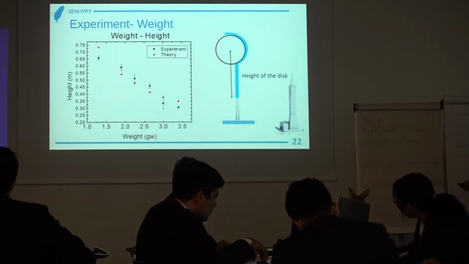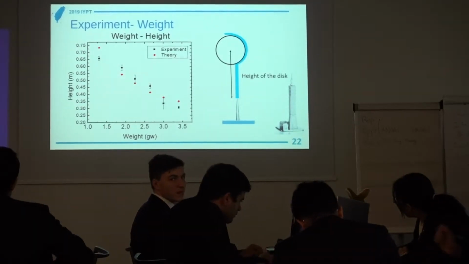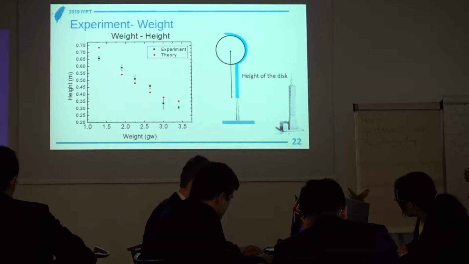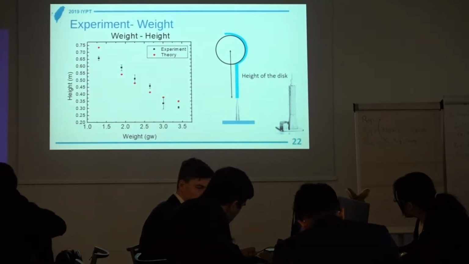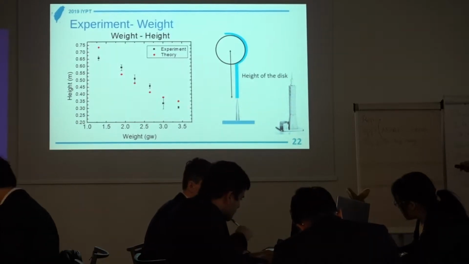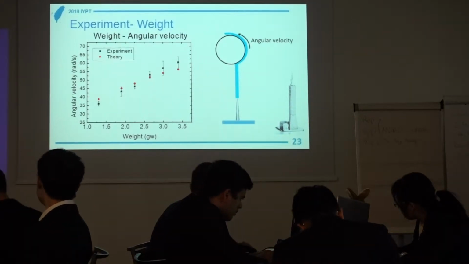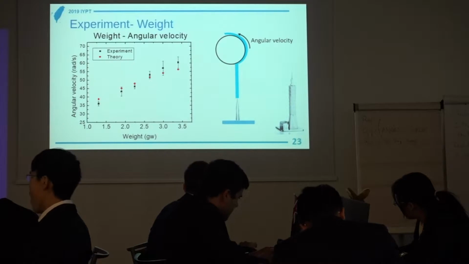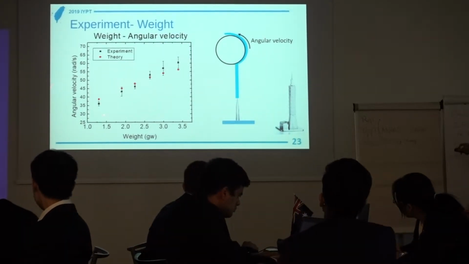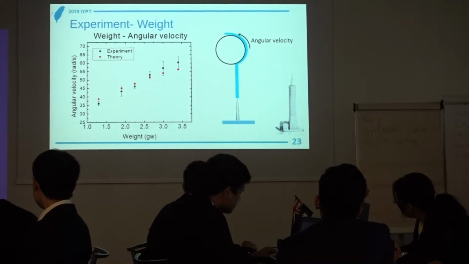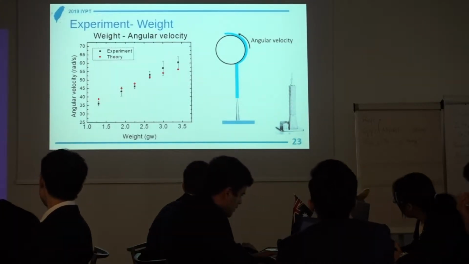And you can see that when the weight of the light object becomes bigger, the height becomes smaller, compared to the theory. When the stopping position becomes smaller, the angular velocity becomes bigger. Here we use the angular velocity because the radius will be the same, so we only calculated the angular velocity.